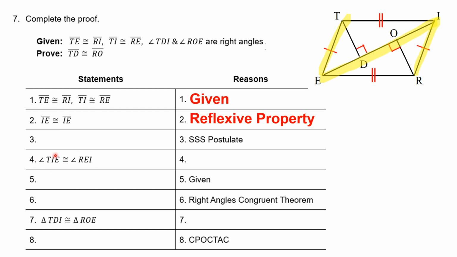Anytime you are working in a proof like this where you have blanks on either side, you can use the next line to inform how you fill in this previous line. So we've got angle TIE is congruent to angle REI. Let me mark those on our diagram. I was trying to use the highlighter.